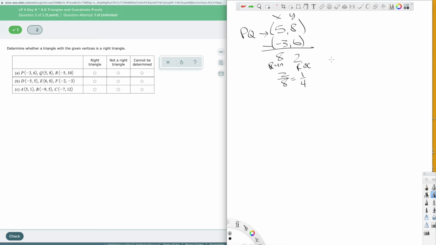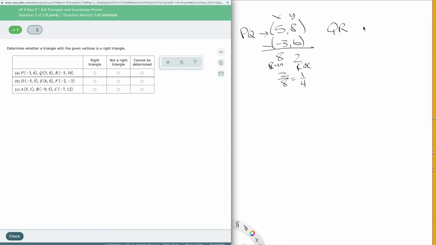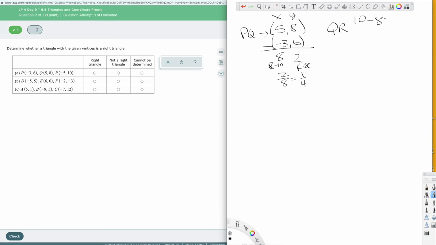This is the exact same thing as doing the slope formula, so I'll also show you the slope formula real quick. So we have QR, if I do just the next piece here, QR. So I'd have the change in y over the change in x, which means y2 minus y1, so 10 minus 8, over x2 minus x1, so I'd have negative 5 minus 5.